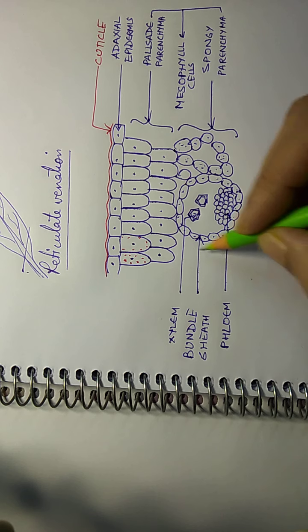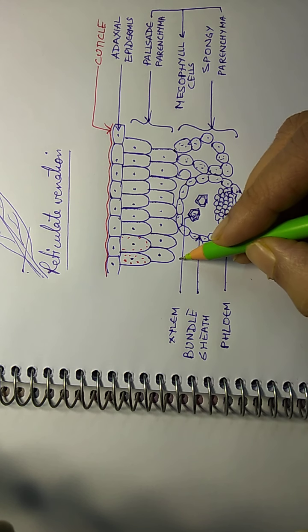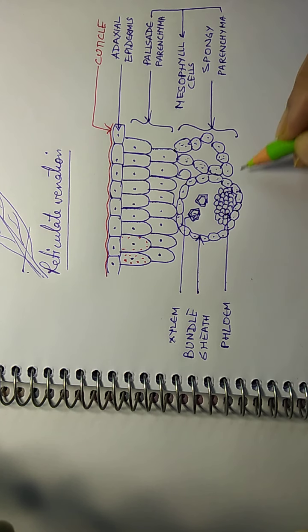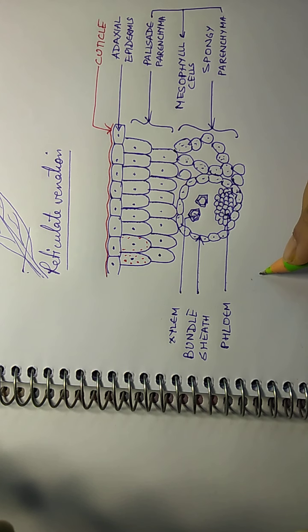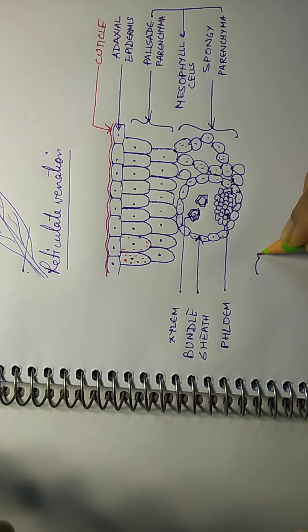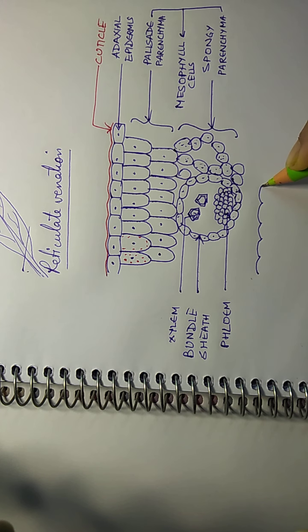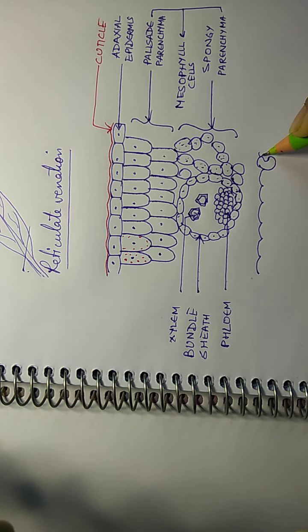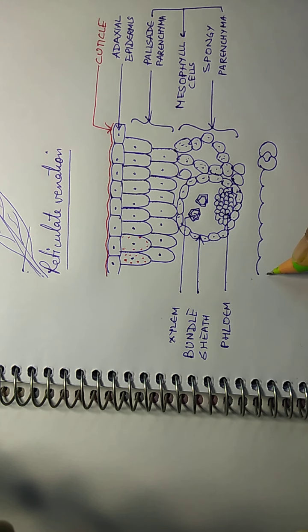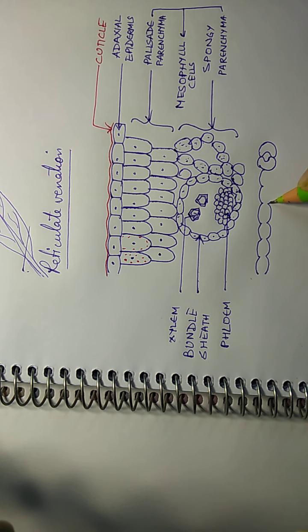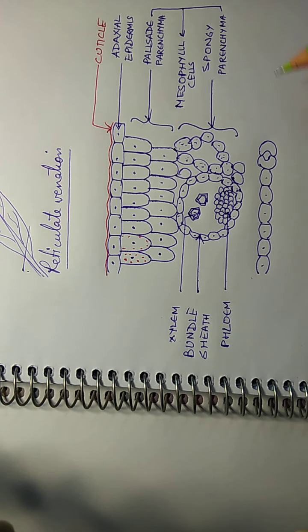Thereafter, when we come down, I am not drawing the same thing here, or it may overcrowd. Near the lower end, the lower epidermis is also present in the leaf, in order to protect the lower surface from the invasion of microbes and other things. But this lower epidermis is not continuous. It is interrupted very frequently with pore-like structures called stomata.